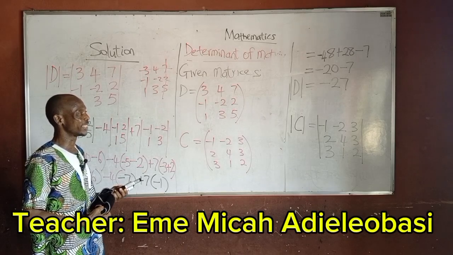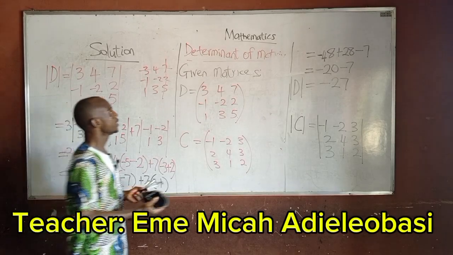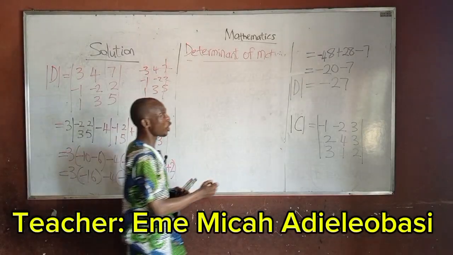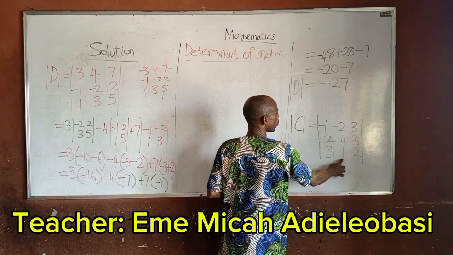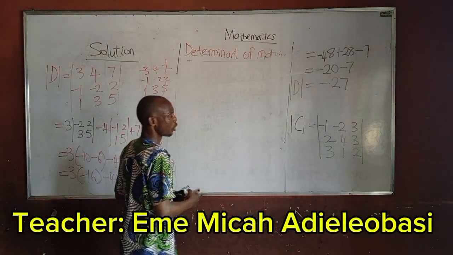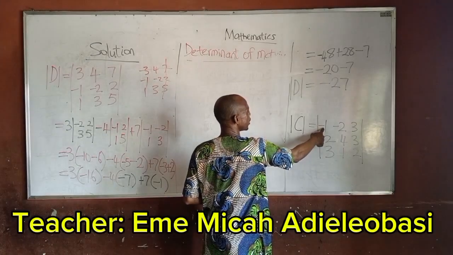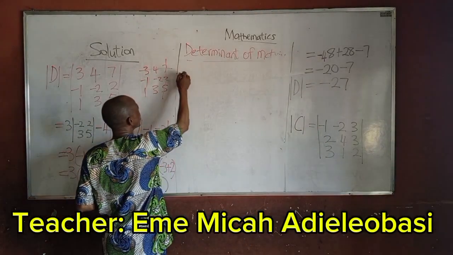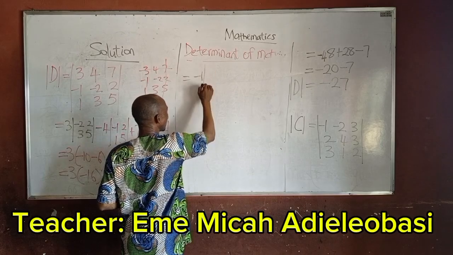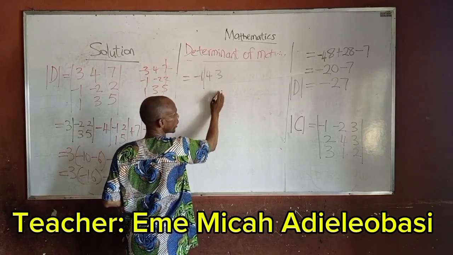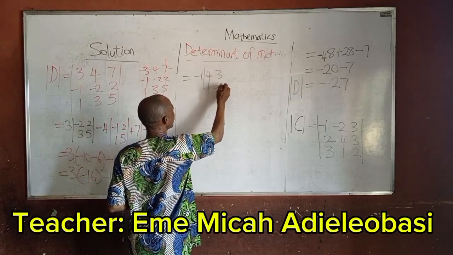We want to look for the determinant of C. Let's close our row number 1. Now what are we going to get? 4, 3, 1, 2. So the value here is minus 1, and we have 4, 3, 1, 2.